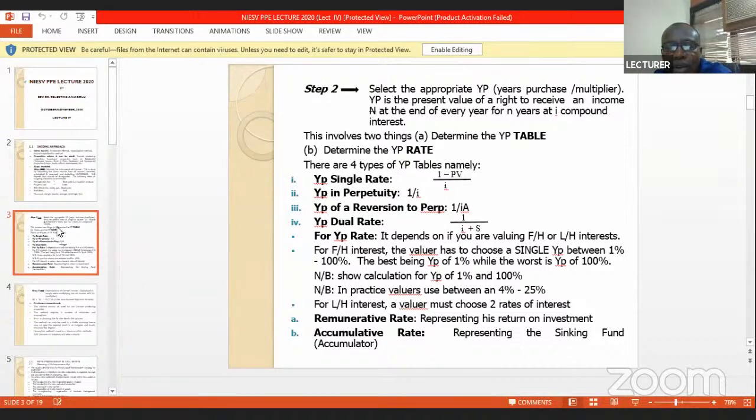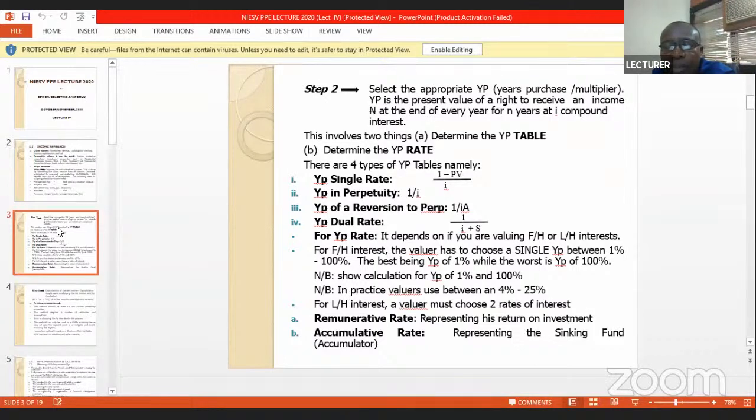Okay, so for leasehold interest, for you to choose a YP, there must be two rates of interest. That is why we say dual rates, two rates of interest. The first rate of interest represents the return on investment by the tenant.